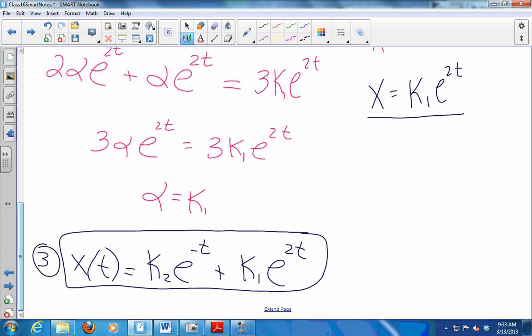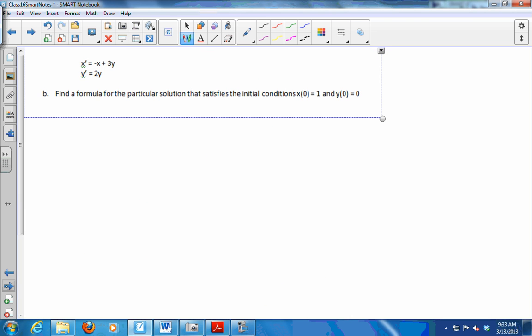General formula for x of t. Everybody okay with it? Okay. All right, so now we just use our initial conditions.